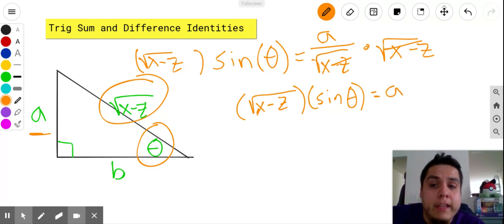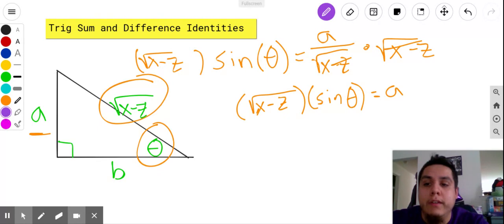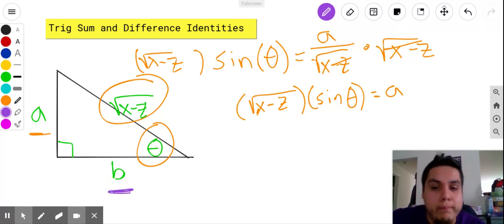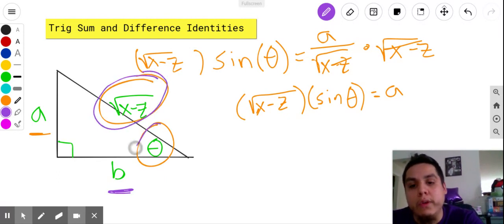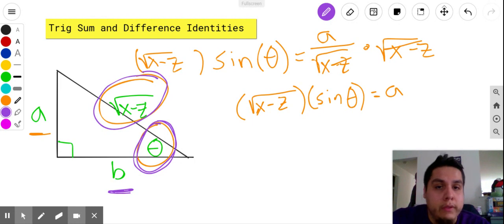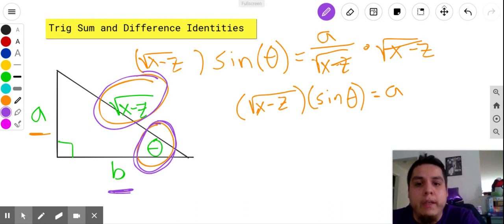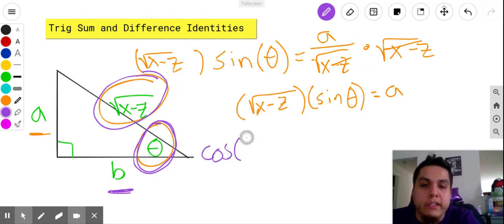If I can do that for A, then I can take that same idea and address B, because again, it's the same idea. I will know what the hypotenuse is, and you will know what the angle is. You will see something like this tomorrow. It may not be square root of x minus z, but it'll be an expression. So just follow along with the algebra I'm showing you to ease your way through it. If I'm trying to figure out B, I would want to use cosine, because cosine equals the adjacent side divided by the hypotenuse.